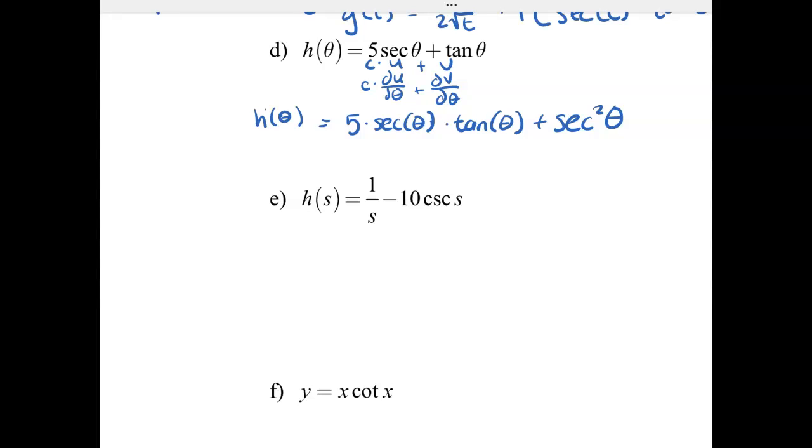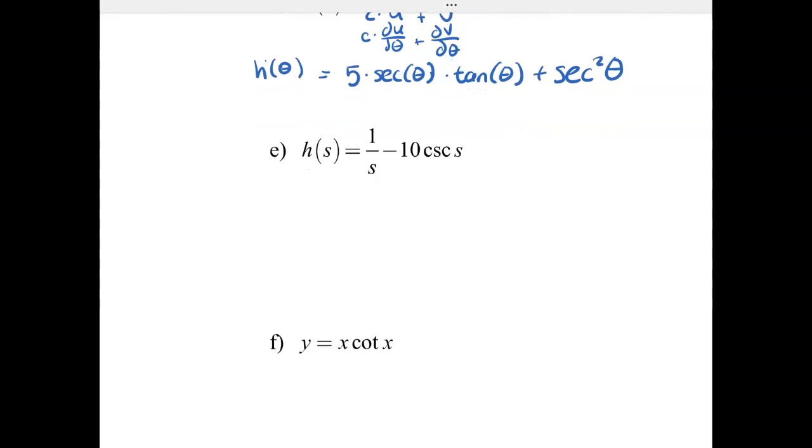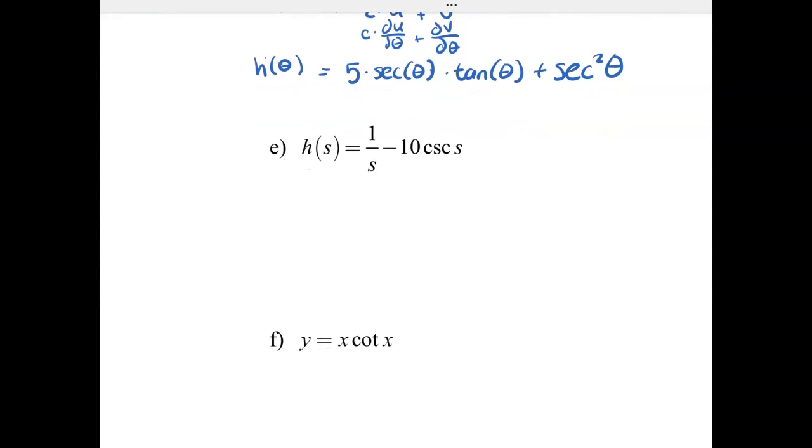Okay, next one. I've got h of s, last two, and then we're done. So looking at this, I'm going to change that 1 over s first into being 1 times s to the negative 1, minus 10 cosecant of s.